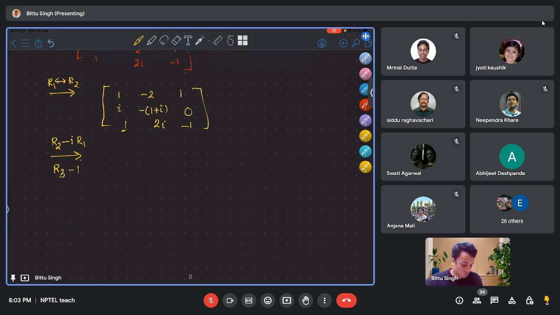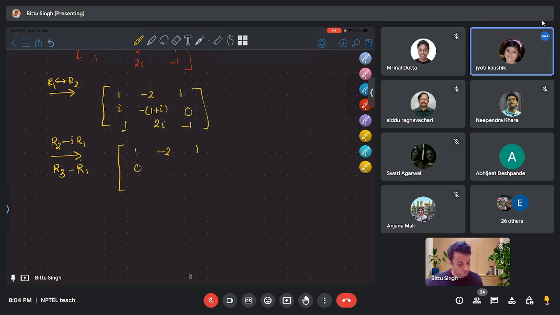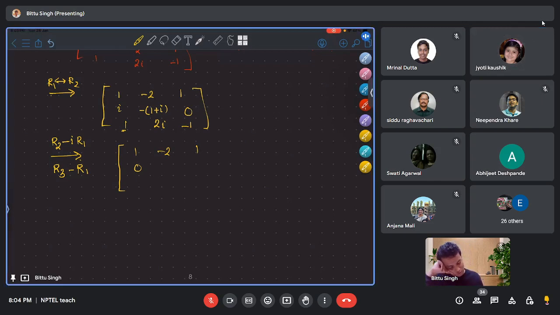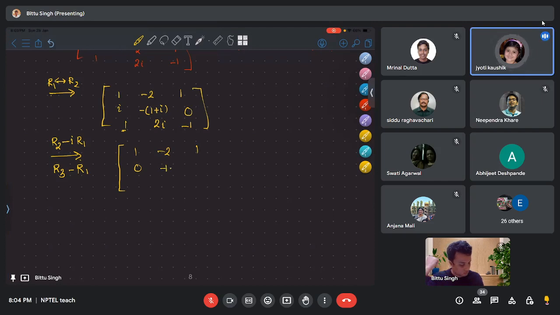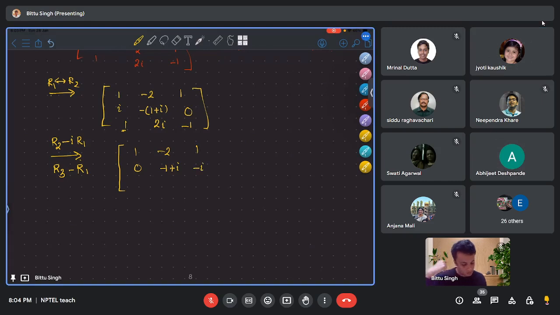This will give 1, minus 2, 1, then 0, then minus 2i, that is plus 2i, and minus 1 plus i, and here it will be minus i.